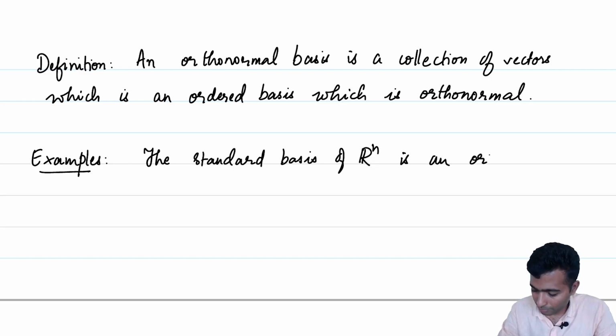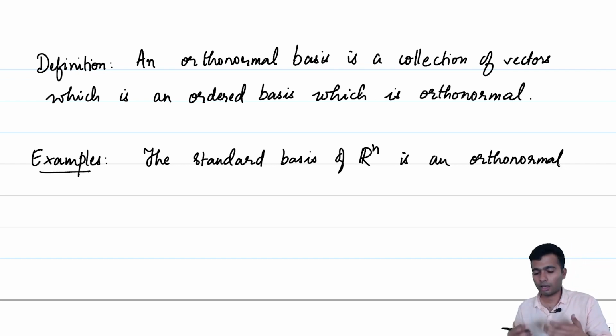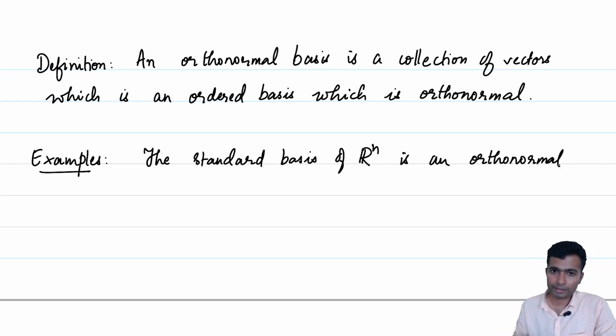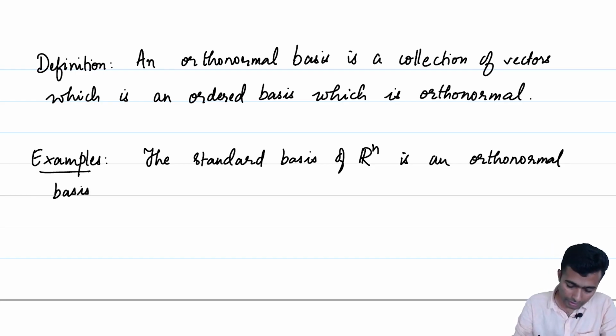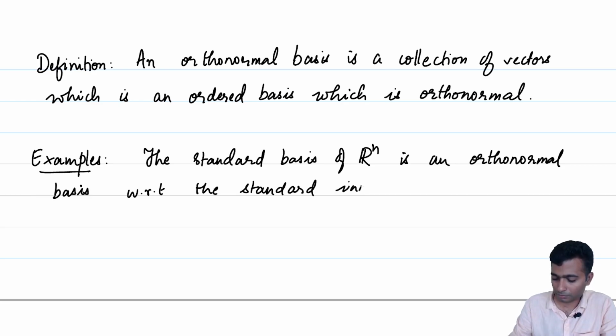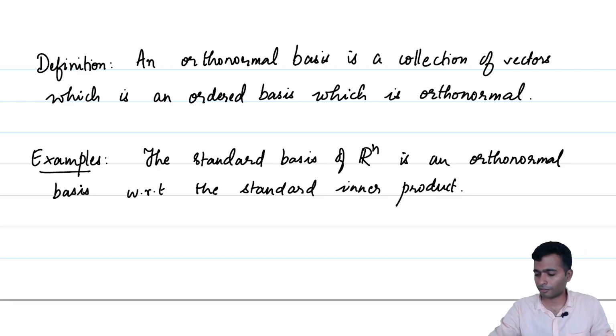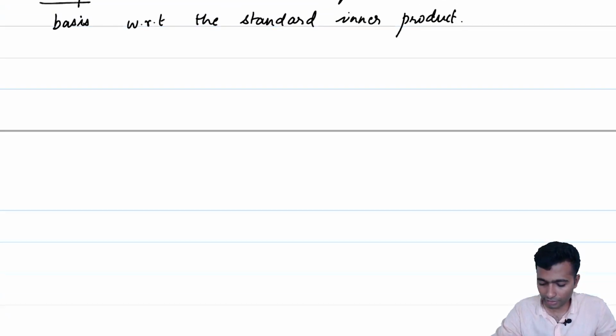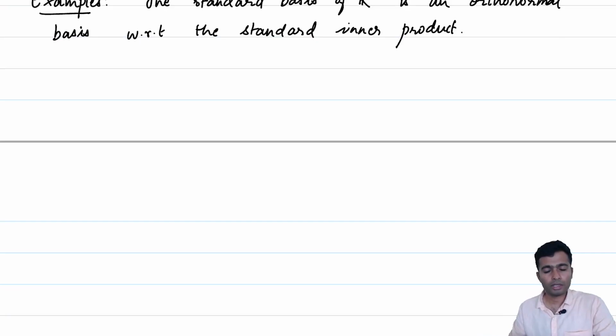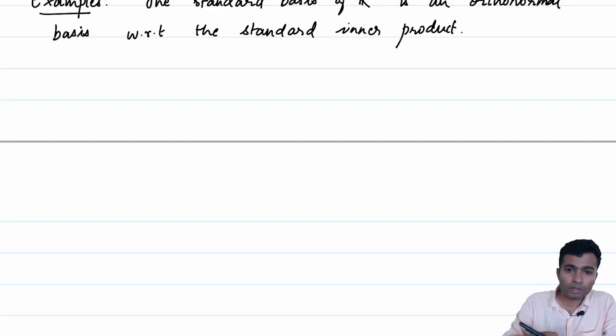It's a check for you to see that they are orthogonal to each other and that each of them has unit length. Let's usually work with the standard inner product. So if I fail to mention which inner product we are working with in Rn, it will be the standard inner product.